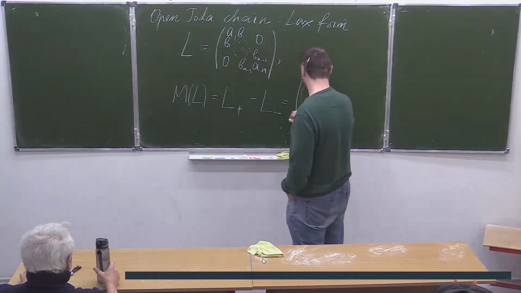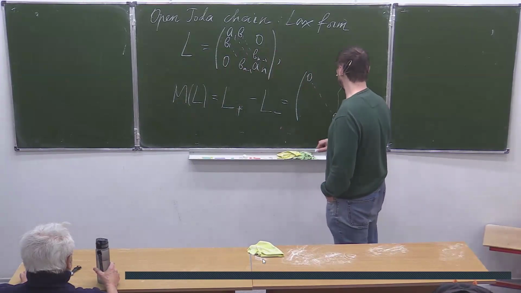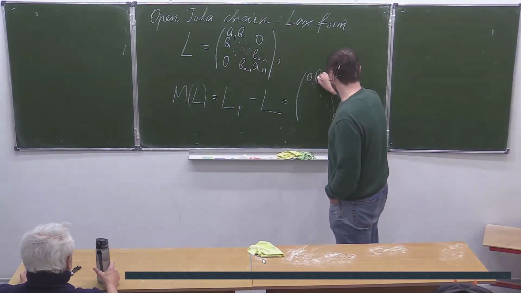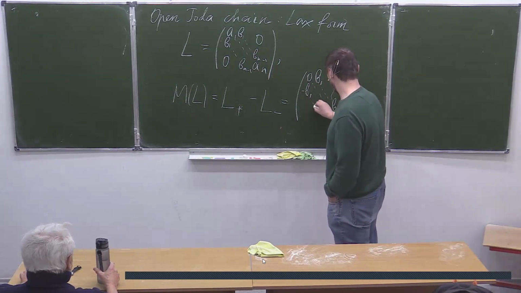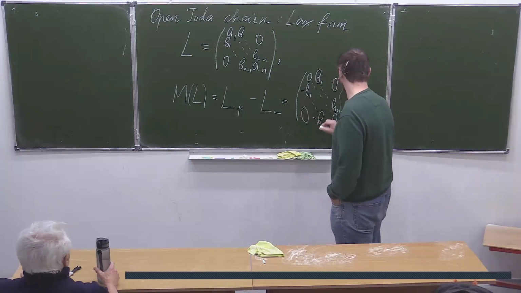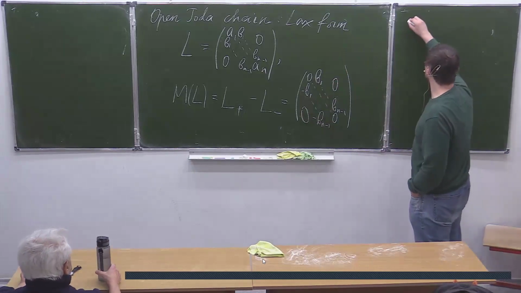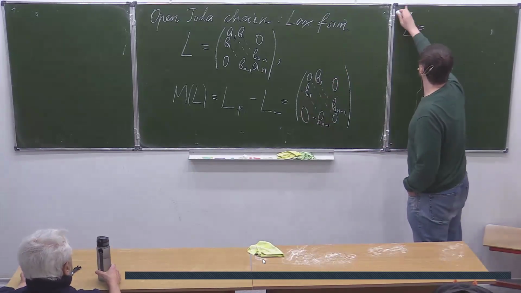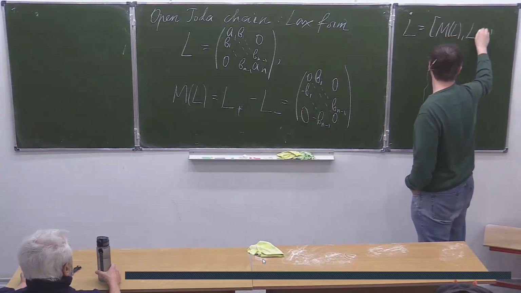So in more explicit terms, we should delete the diagonal, preserve the sign of the terms above the diagonal, and change the sign of the terms which stand below the diagonal. And the Lax form of this equation is L dot is equal to the commutator of M of L and L.